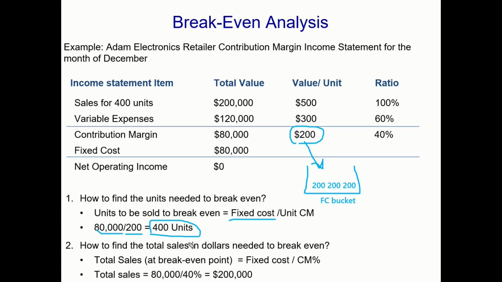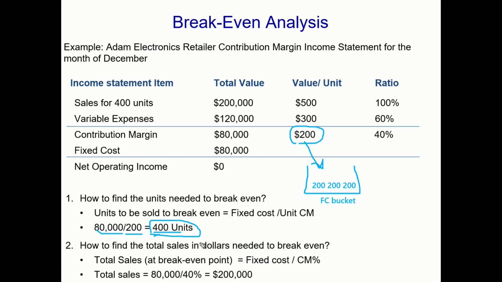So to find the break-even point in terms of quantity, I need to cover my fixed cost. So I take my fixed cost and divide it by the contribution margin per unit, which is $200, and I will find my break-even in units. Unit is quantity.